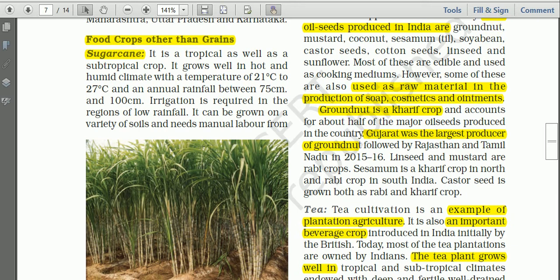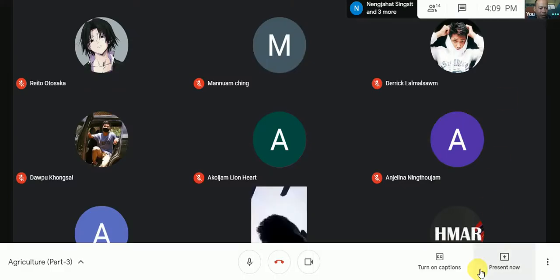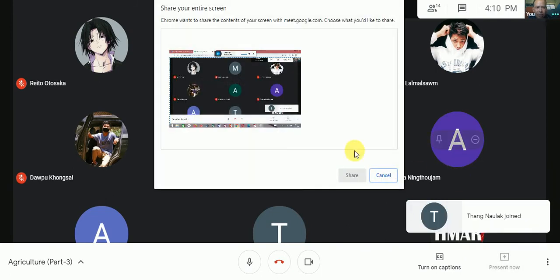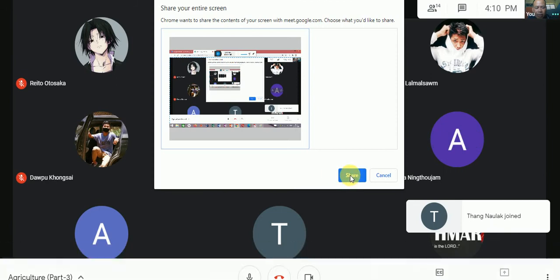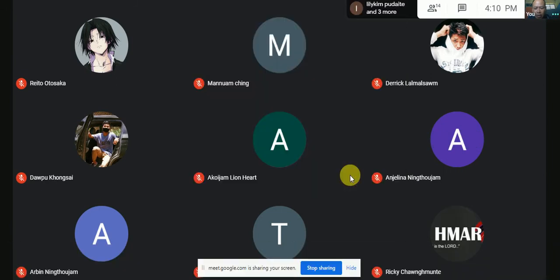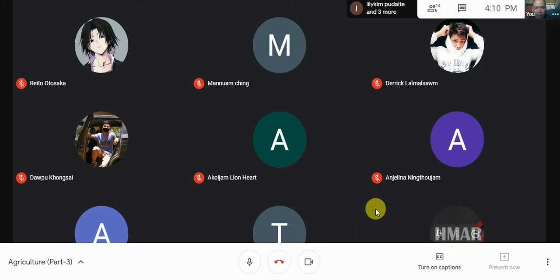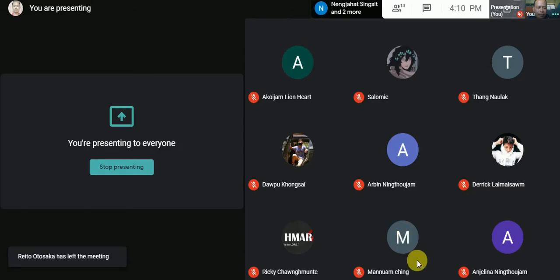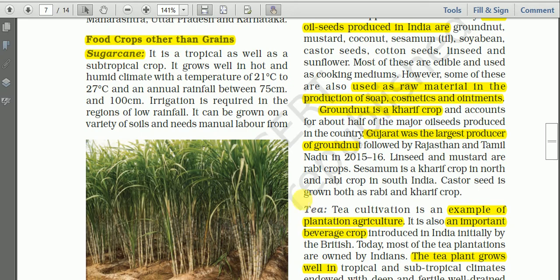Food crops other than grains. That is not rice, not wheat, not millets.